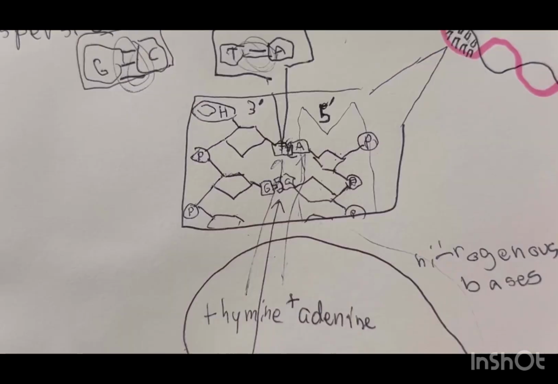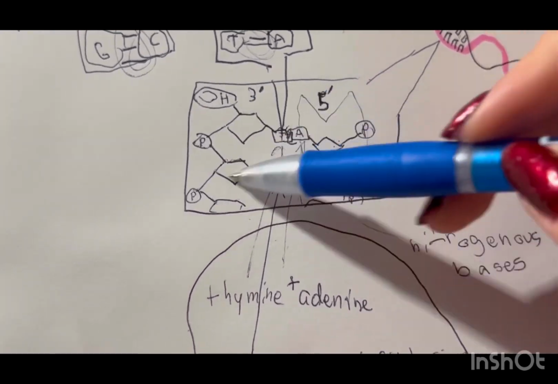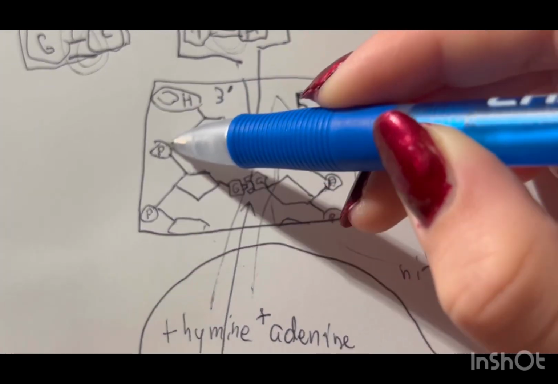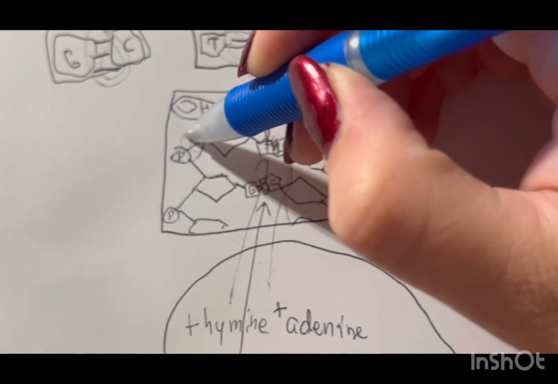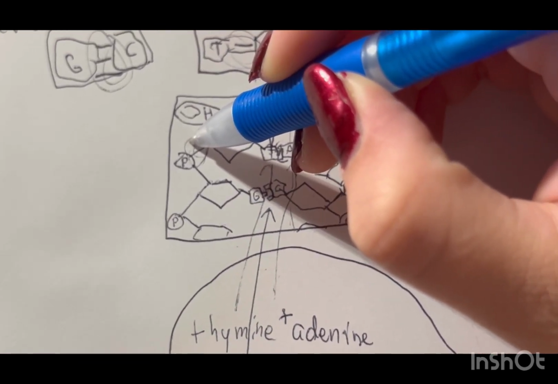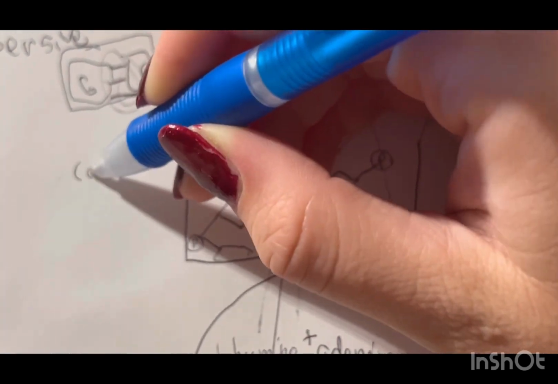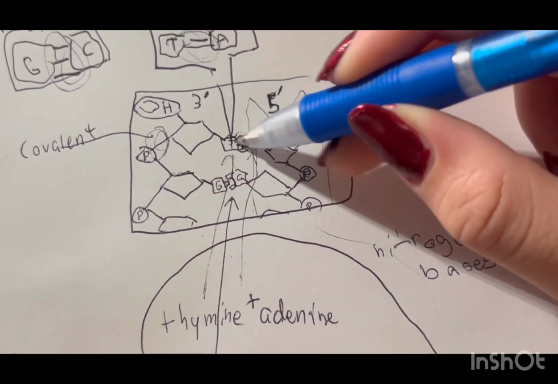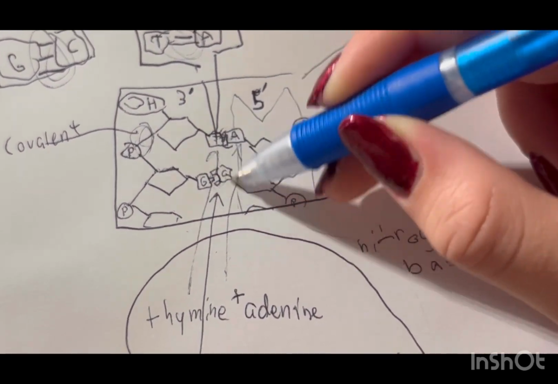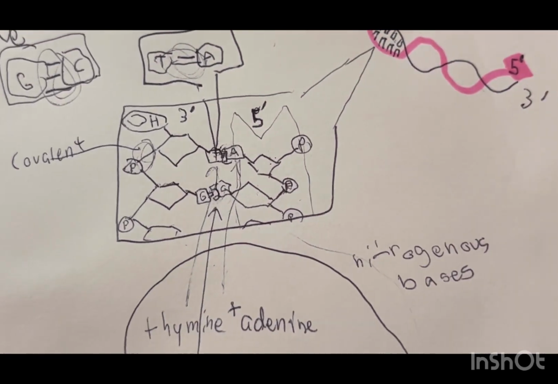So, and also these are nucleotides, and they're joined together here by what is called a phosphodiester bond or a covalent bond. It's covalent. But here, as I mentioned earlier, between the bases, the nitrogenous bases, it's just hydrogen bonds.